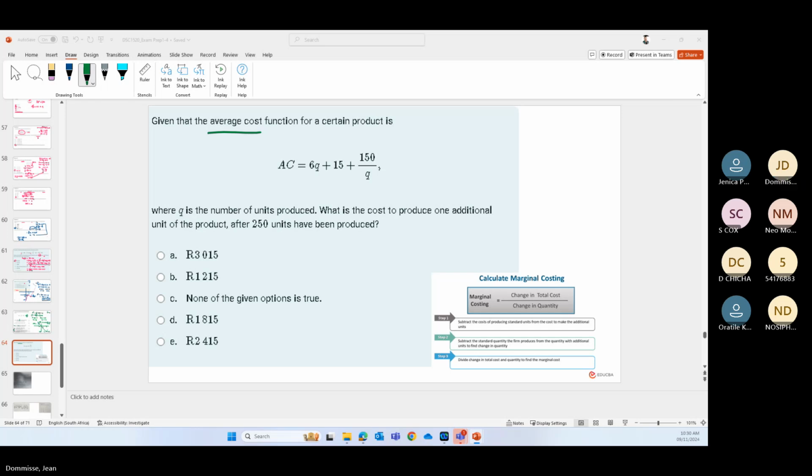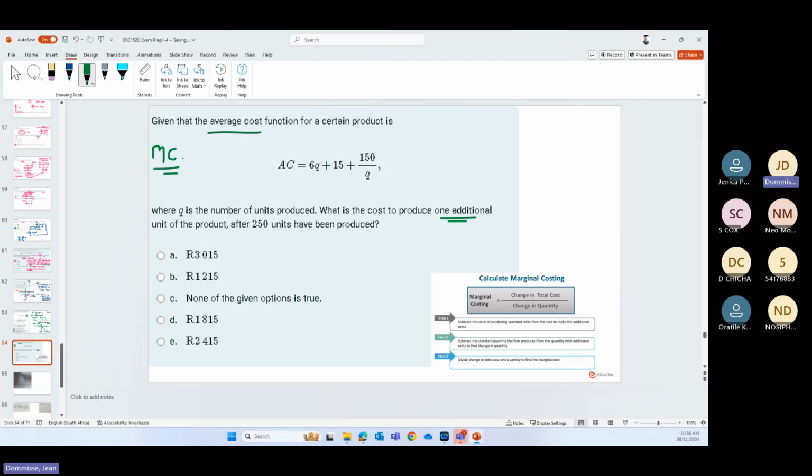So what do we need for marginal cost? We need total cost. And so spot on, we will need to go to marginal cost to work out this change in one additional. So that is where we want to end off.